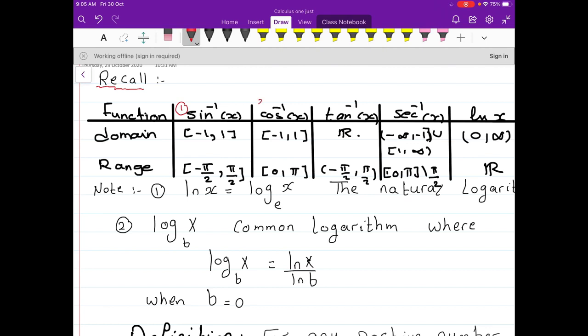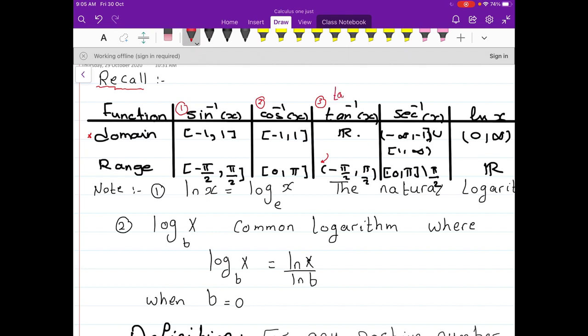We define another function, cosine inverse of x, where the domain is -1 to 1 and the range is 0 to pi. And we define another function, tan inverse x, where the domain is R and the range is minus pi over 2 to pi over 2, open at both ends.